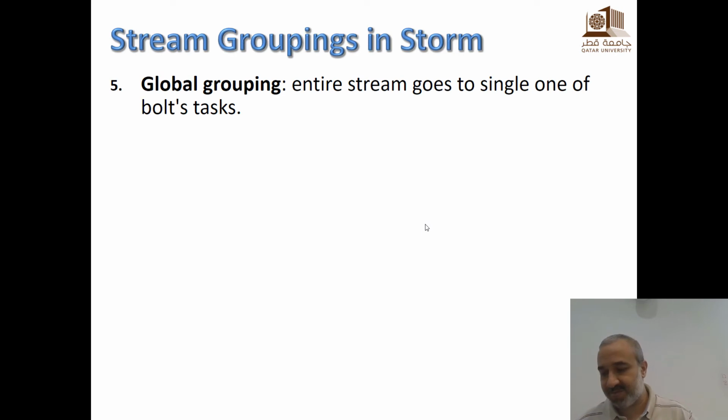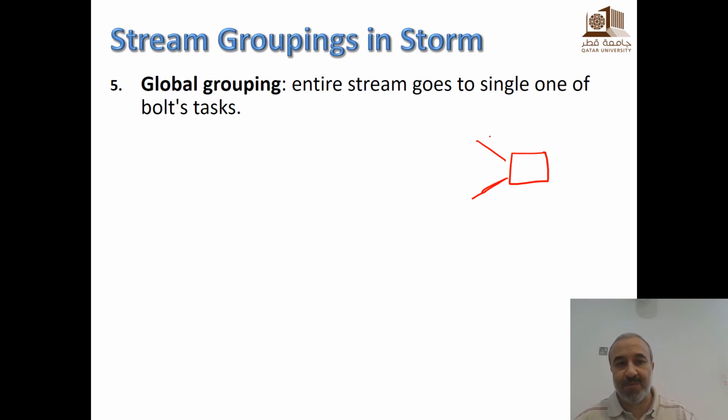If we have a bolt like this and it has two streams, each stream has its own grouping. We don't have to say that all the streams going to the bolt will have the same grouping. The grouping is defined per link, per stream.